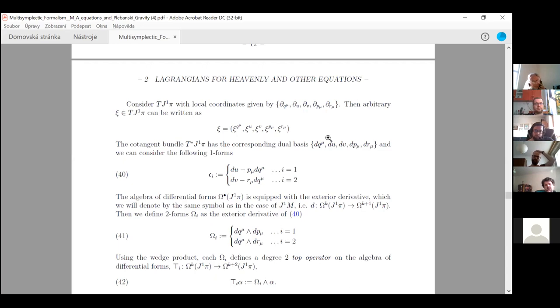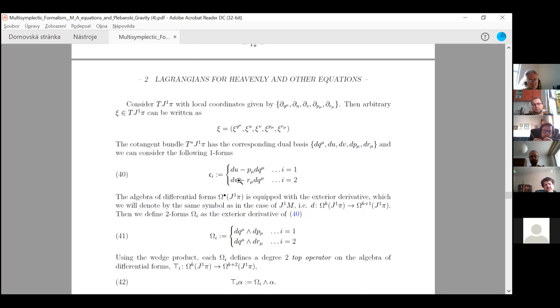So instead of the bundle M times R to M, we may consider M times R squared to M for two fields, and then consider the jet bundle for this projection. And as I said, this is for two fields.